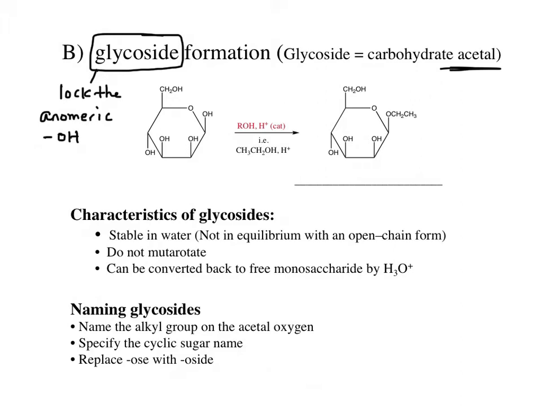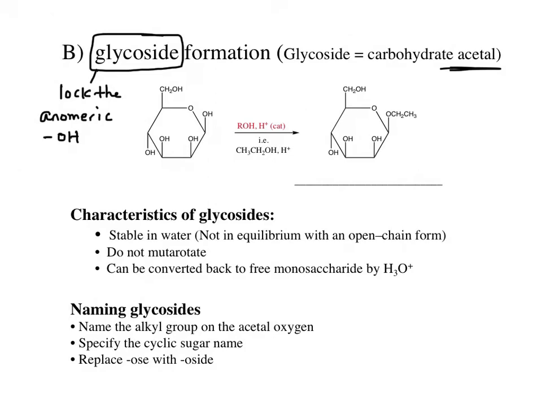And let's do a quick review on the board, because I don't know that with a sugar it's so easy to see how that is an acetal. So let's just do a really quick skeleton drawing of a hemiacetal and an acetal. If I had a carbon, and I'll just do it like that, it's a carbonyl. If I add one alcohol to it, then it becomes an OH and I have OR.